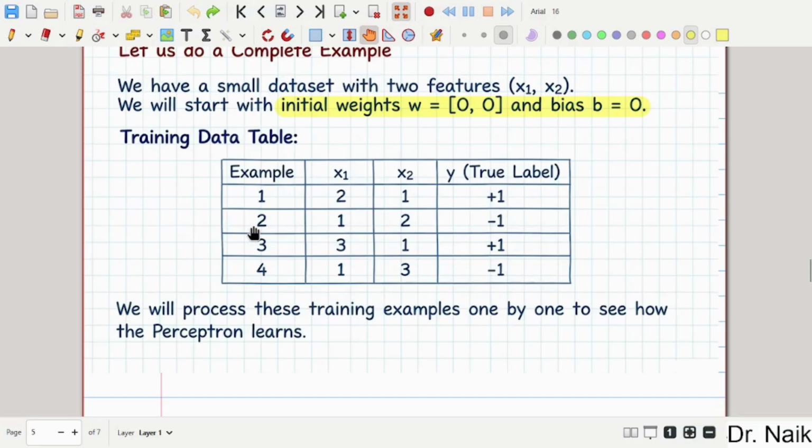For example 2, the first feature x1 is 1 and the second feature x2 is 2, and its true label y is -1. For example 3, x1 is 3 and x2 is 1, and its true label y is +1. And for the fourth example, x1 is 1, x2 is 3, and its true label y is -1. We will process these training examples one by one to see how the perceptron learns.